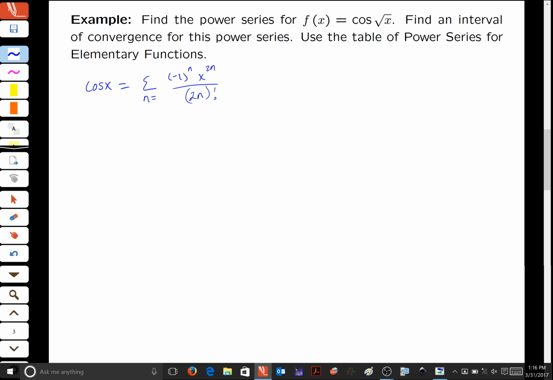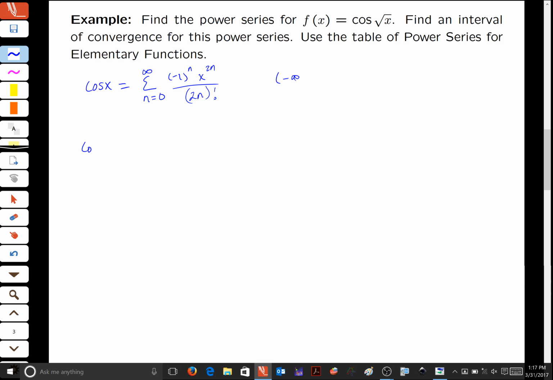Where do you think it's going to start? 0. n equals 0 to infinity. There's the series. So what is its interval of convergence?